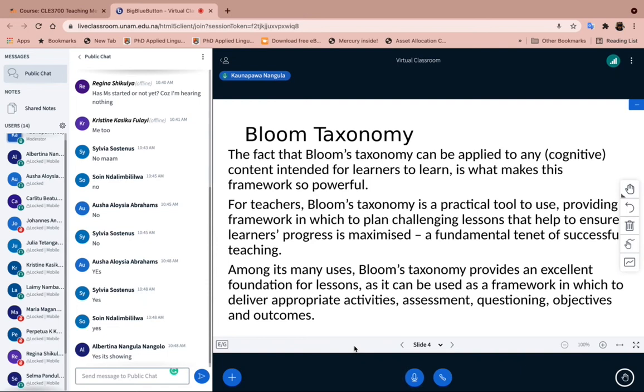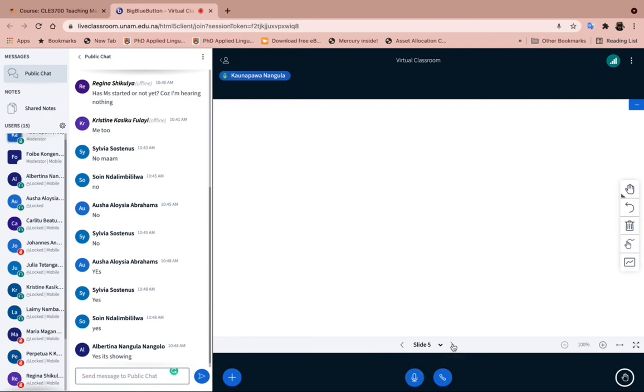Among its many uses, Bloom Taxonomy provides an excellent foundation for lessons, as it can be used as a framework in which to deliver appropriate activities, assessment, questions, objectives, and outcomes. What do we mean by it provides an excellent foundation? We'll see as we go through the slides.